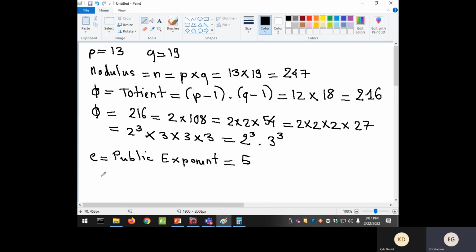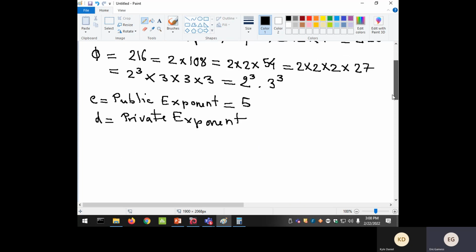Okay, so now we need to compute the private exponent, which is called D. To choose the private exponent, there is one equation that E and D must fulfill. What is this equation? When I multiply the public exponent with the private exponent, it has to be congruent to 1 modulus the totient.